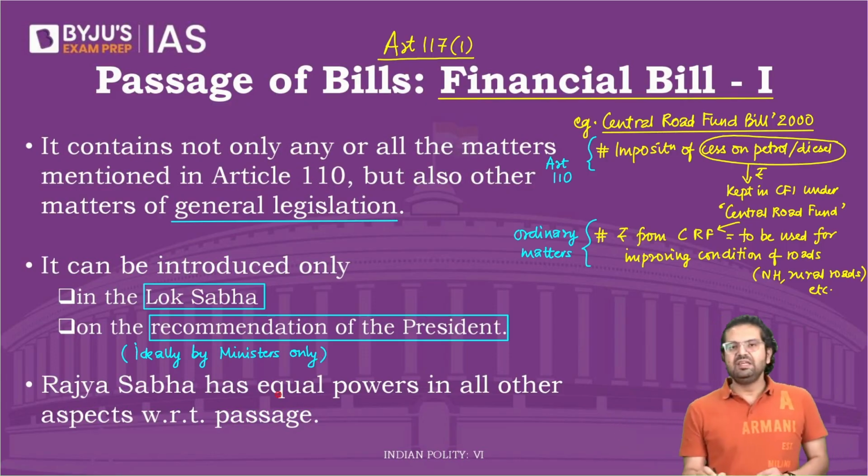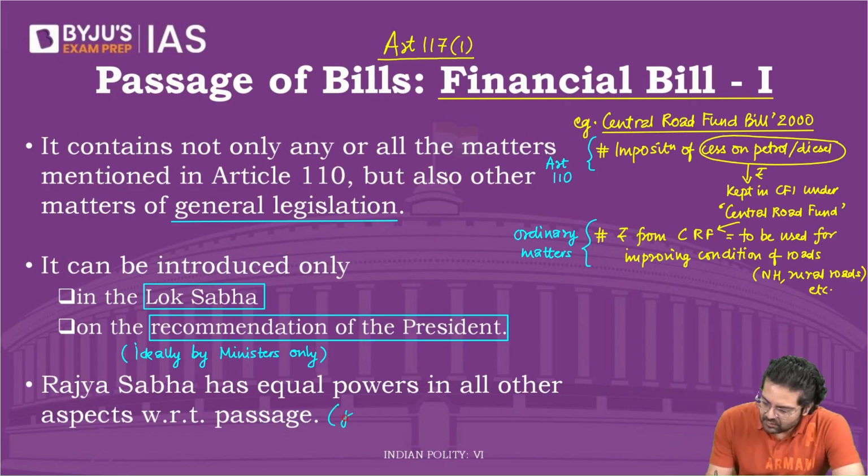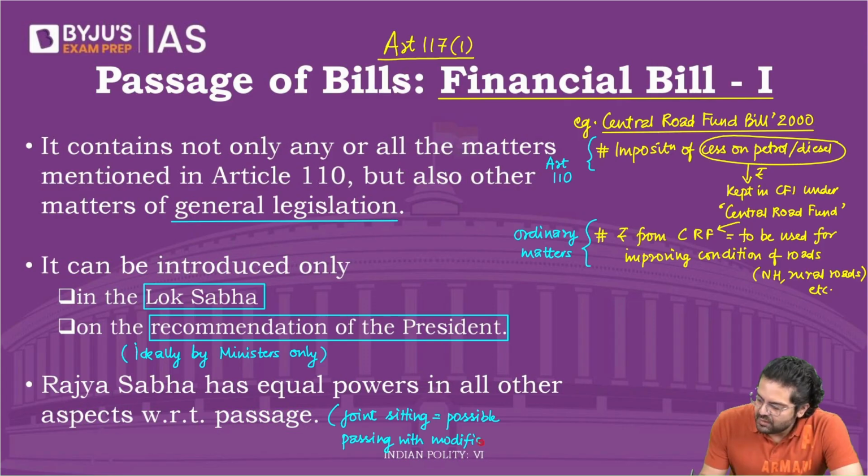Rajya Sabha has equal powers in all other aspects, meaning joint sitting is possible, passing with modification possible.